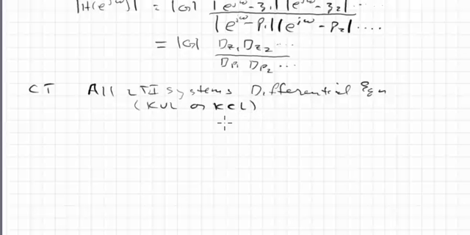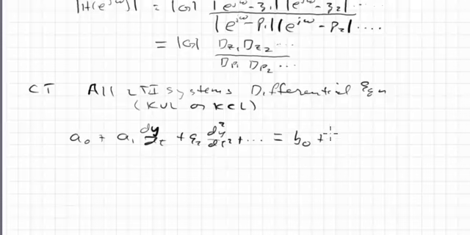We did that in 2220, and you get something in the form of these differential equations: a1 dy/dt plus a2 second derivative of y plus dot dot dot. And on the right side of the equation we get b0 plus b1 dx/dt plus dot dot dot. So we get this big differential equation.